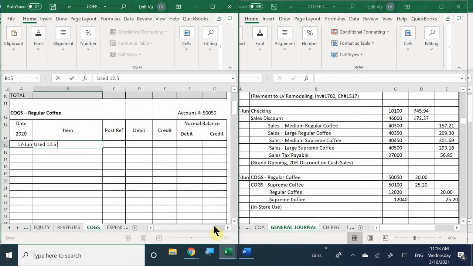So here I'm going to note that I used 12.5 pounds, because when we sell our coffee by the pound, we're also going to put in that we sold it. So in this case, I used 12.5 pounds, and general journal number 6 for $20.